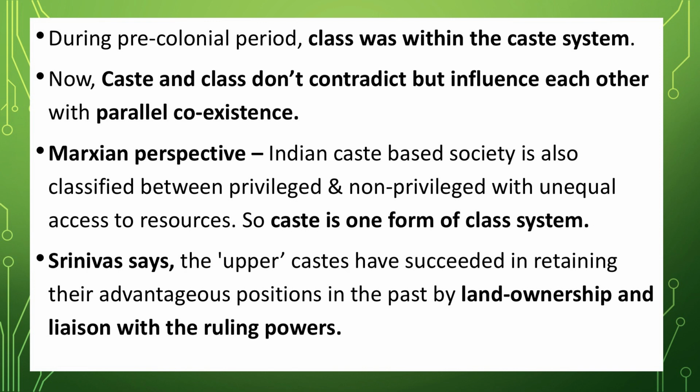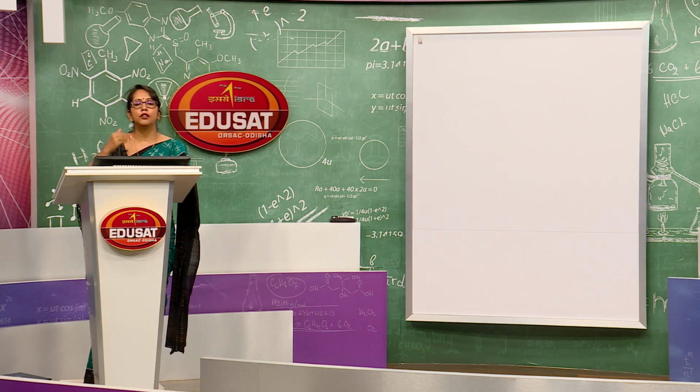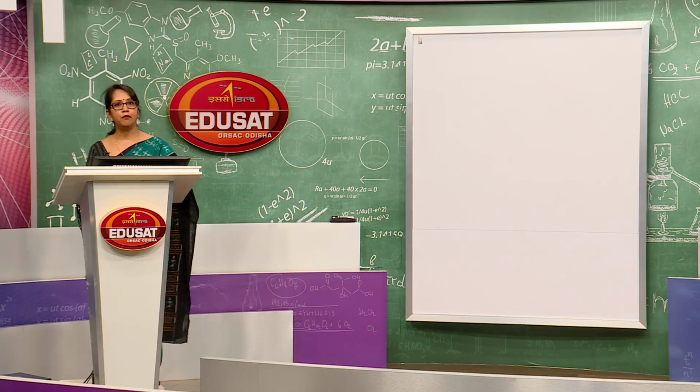This is an example M.N. Srinivas tried to give: upper caste people, because they had lots of resources and privileges, found it easier to own large acres of land, to have connection with the ruling power, to attain higher education, and to use all resources. So the persons belonging to the upper caste could easily shift their base to the upper class of the same society.